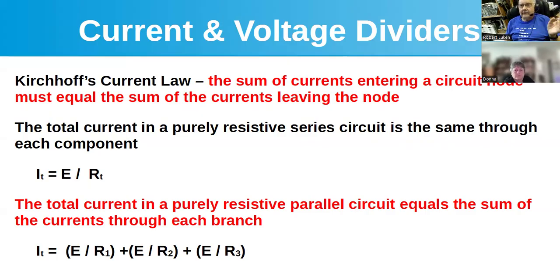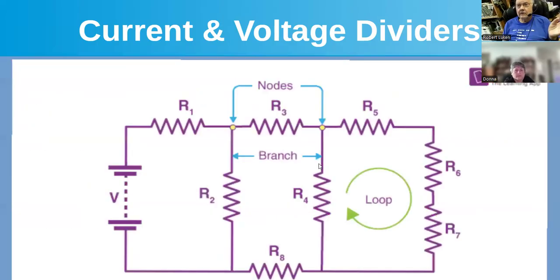Hopefully the next chart has a picture which helps. So here we have a resistive network that consists of actually three loops and two nodes. Well, I guess you could have four nodes, the two on the bottom.